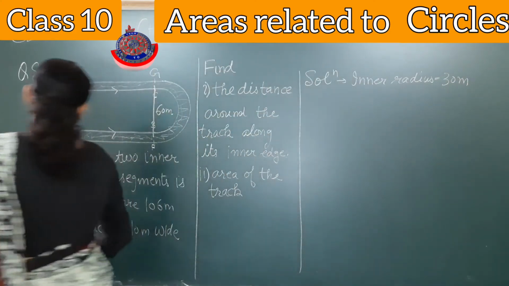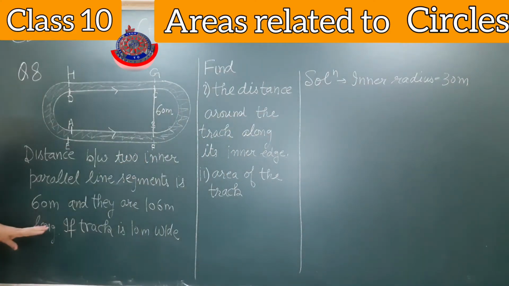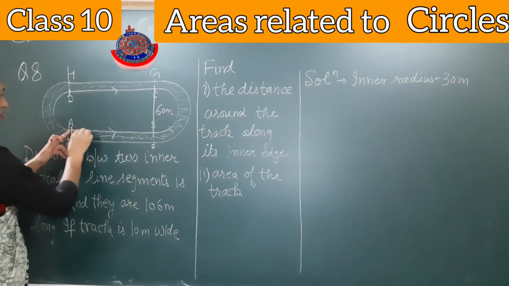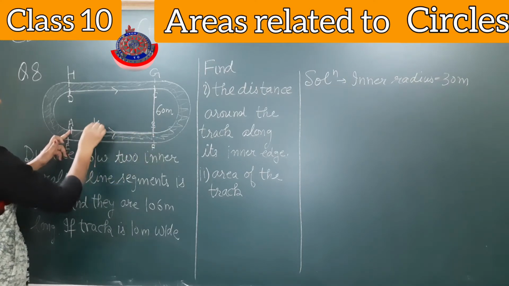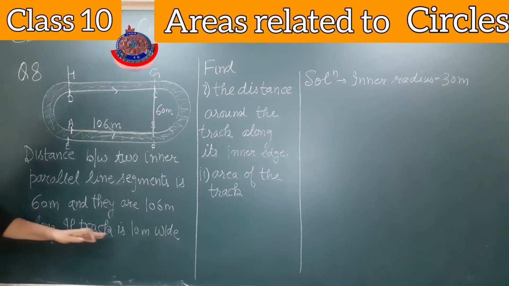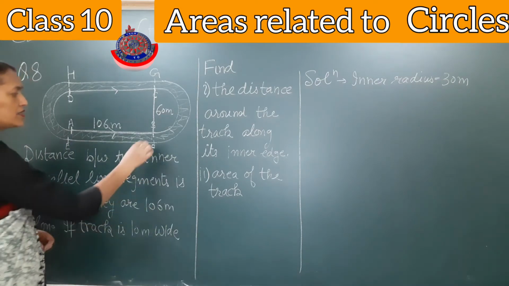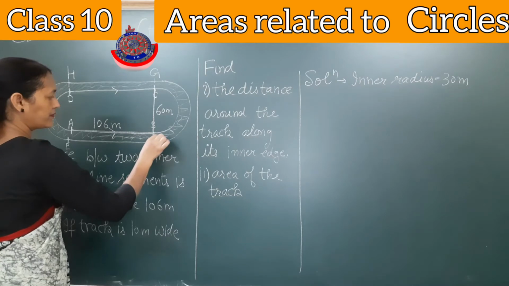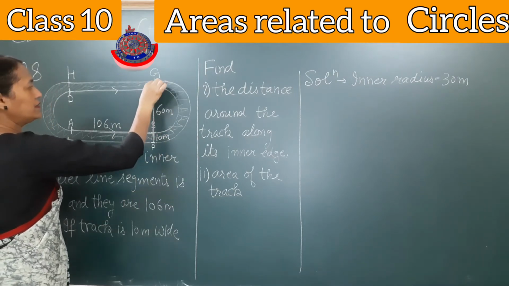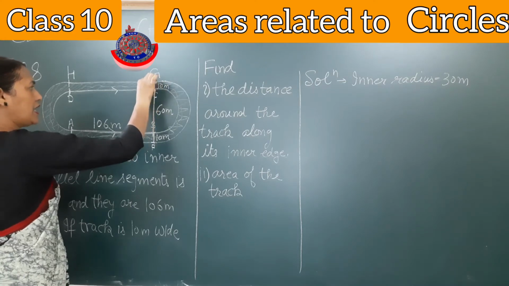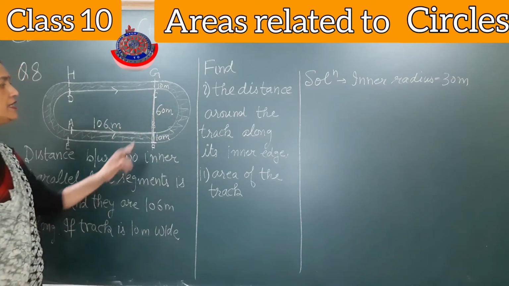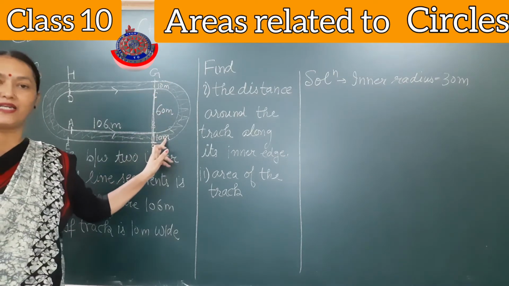Then they are saying that the width of the track, and they are 106 meter long, means this length is 106 meter. This is given to us. And if the track is 10 meter wide, means this thing is 10 meter. If this is 10 meter, this will also be 10 meter. That means we can say outer diameter GF will be 60 plus 10 plus 10, 80 meters.